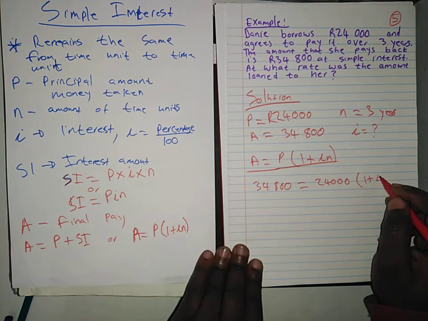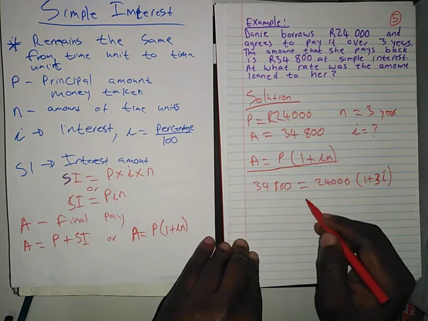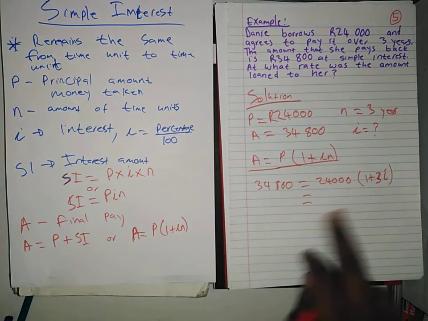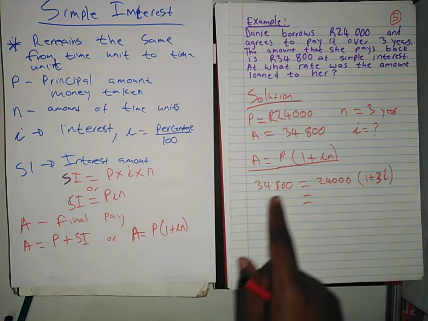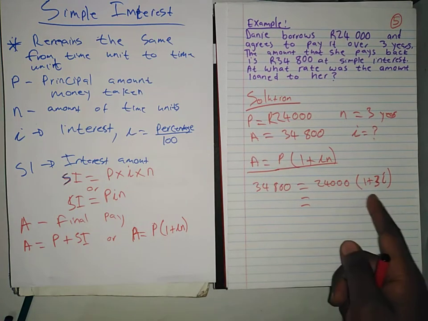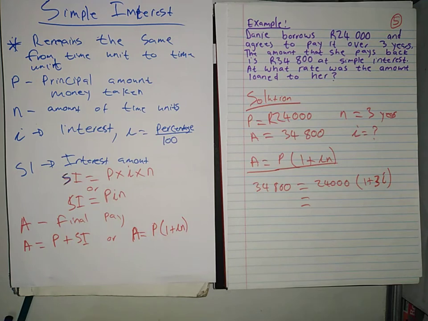We do not know what our I is, but our N is 3, so we just say 3 and then I. Now guys, this is what we have. You know how we did this. We divide by 24,000, then we take this thing to the side and all of those kind of things. So we know exactly what we are going to end up with, and I am going to leave this as an exercise.